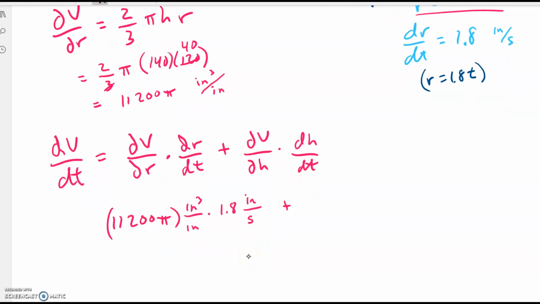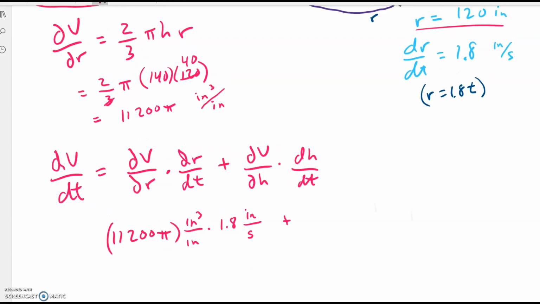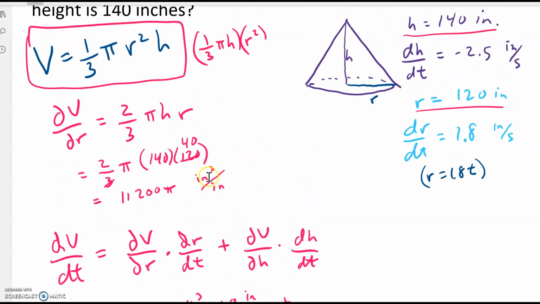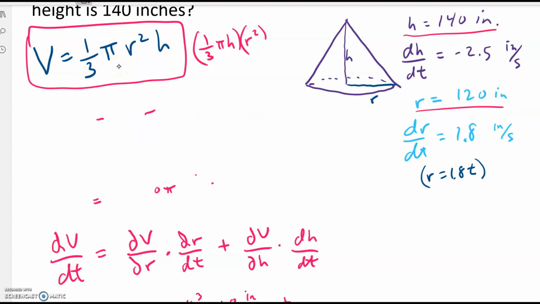Okay, now let's go to dV/dh, the partial derivative dV/dh. So back to this function right here. Let me erase this so I can show you in that same little spot because I'm running out of space otherwise. Let's erase this too. So now I will take the partial derivative of volume with respect to h.